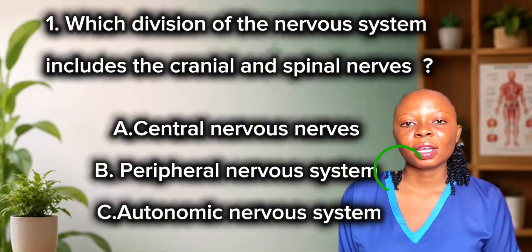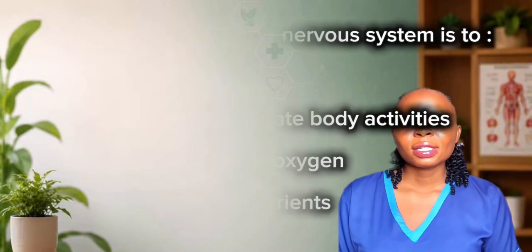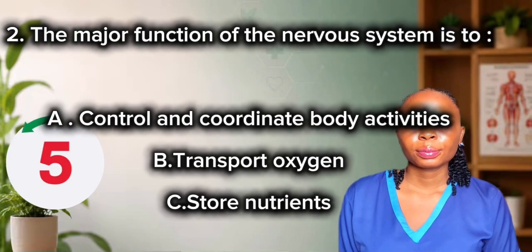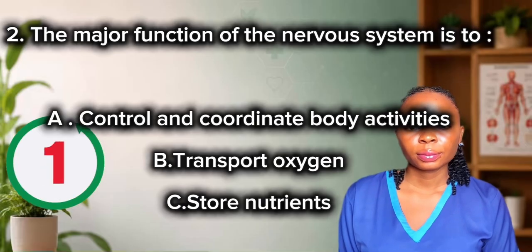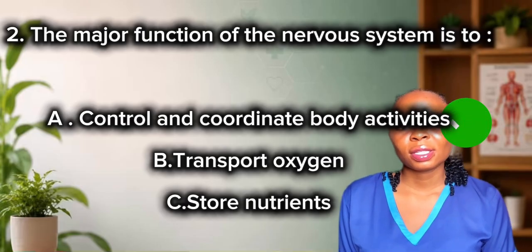Peripheral nervous system. It is made up of cranial and spinal nerves. The major function of nervous system is to control and coordinate body activities.